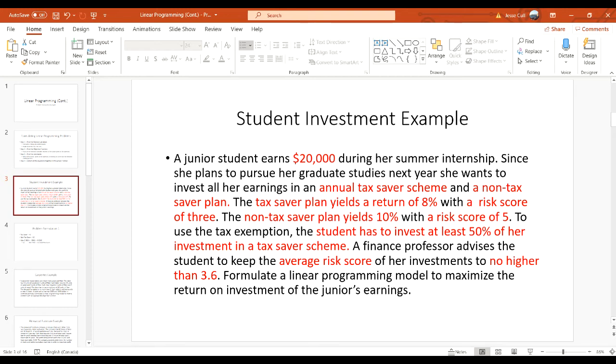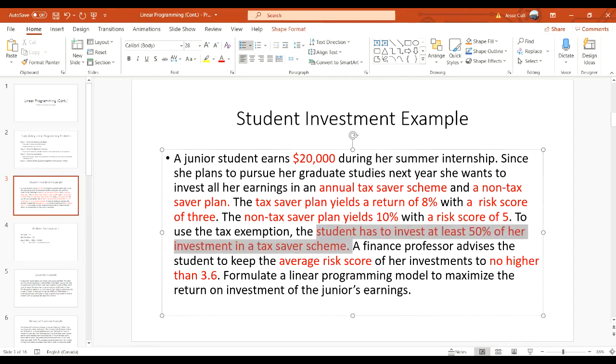We're almost finished. The last thing we have to know is the student has to invest at least 50% of her investment in a tax saver scheme. Whenever we do things like this, sometimes we have alternate ways to do it. There are a couple different ways we can do this constraint mathematically.